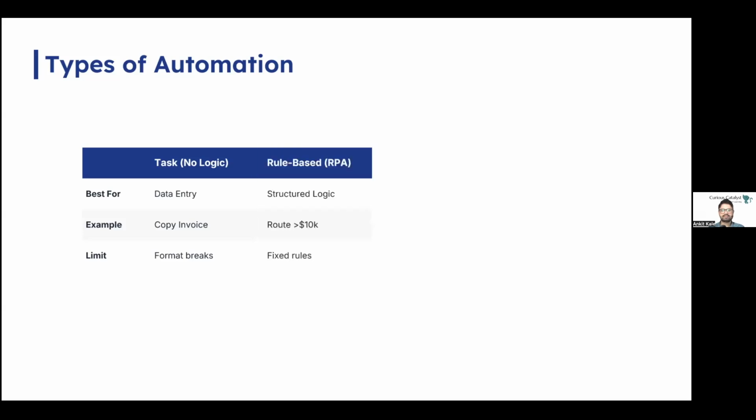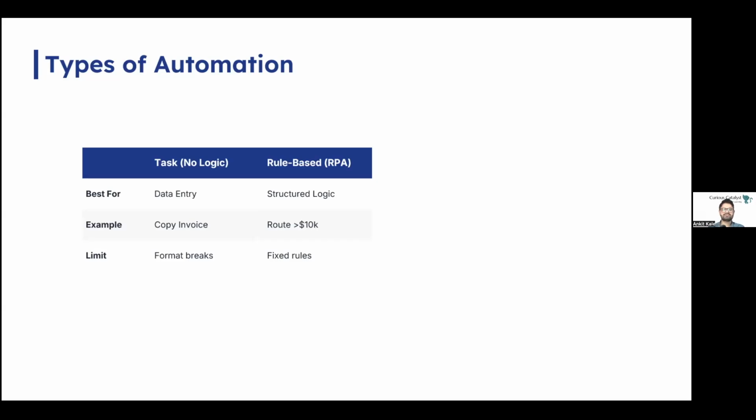Then the second type is rule based automation, or RPA. You must have heard about this term, and this is what most of you have built over the past few years. It executes if-then logic. Let's say if the invoice amount is over $10,000, route it to the director. Otherwise, auto approve it.